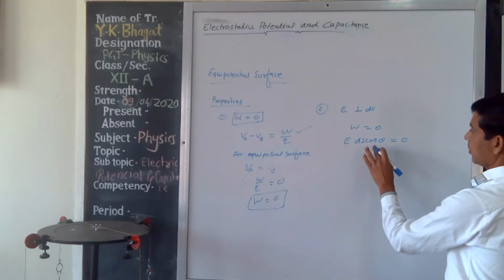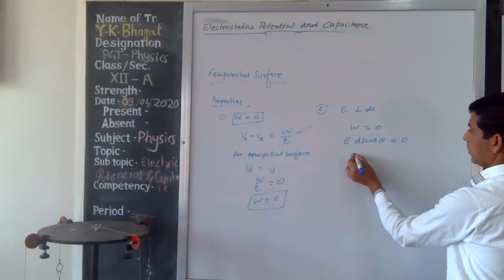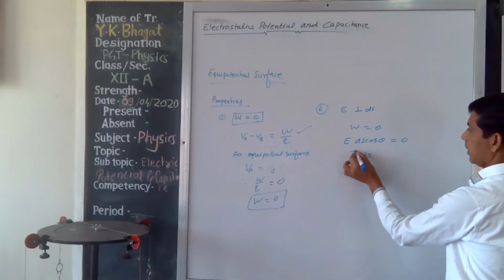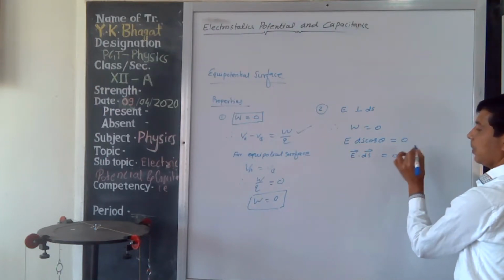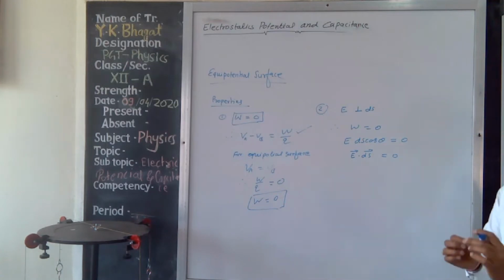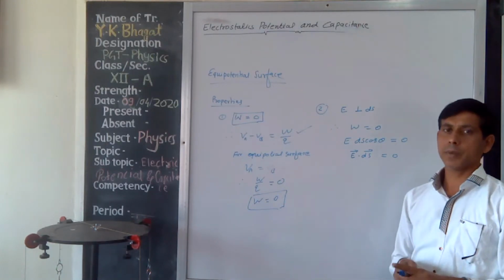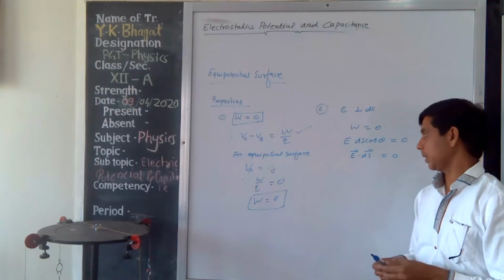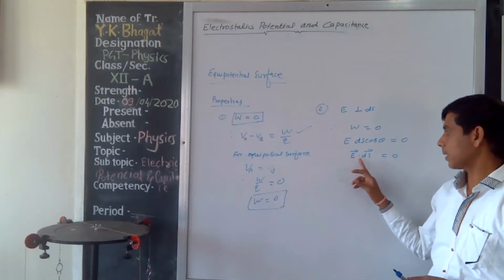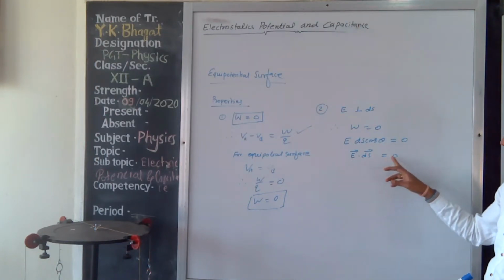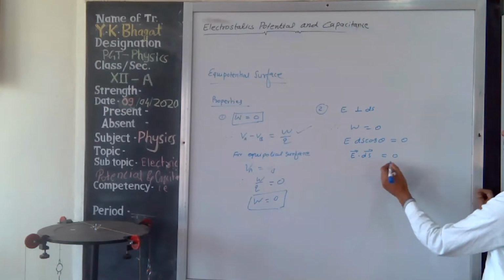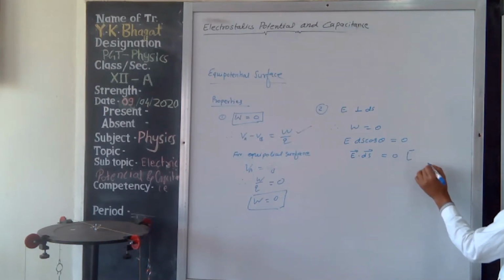E ds cos theta means the dot product of E into ds will be 0, and we know the property that if the dot product of two vector quantities is 0, then both are perpendicular to each other.